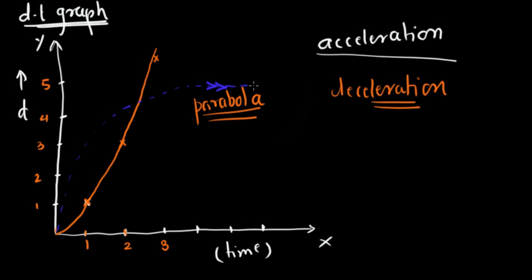When the velocity of the body decreases to zero, it becomes stationary. That means the graph would be parallel to my time axis, like the first DT graph that we talked about. So that's the DT graph that we have.